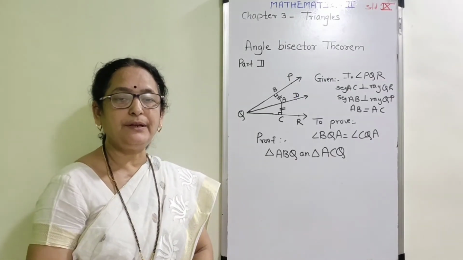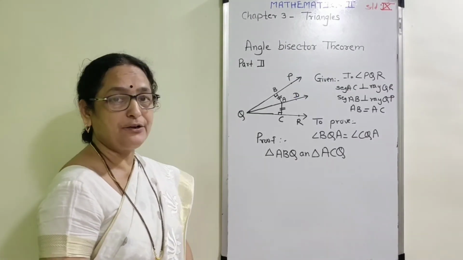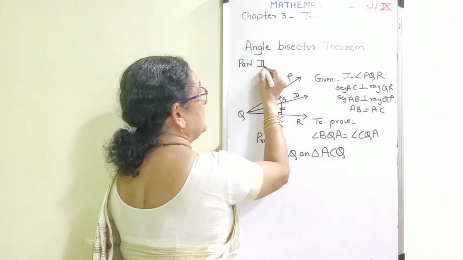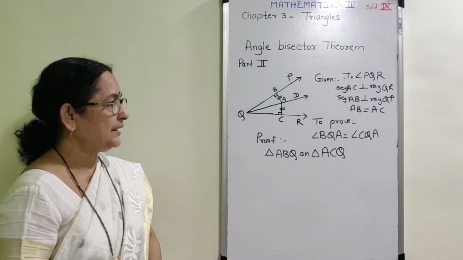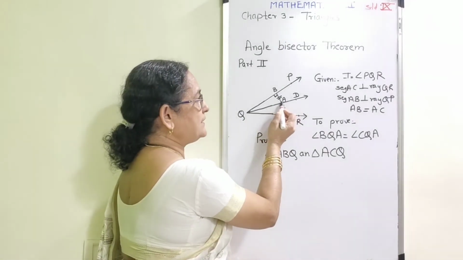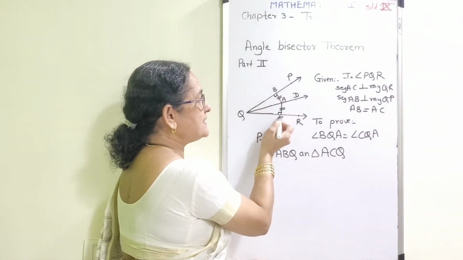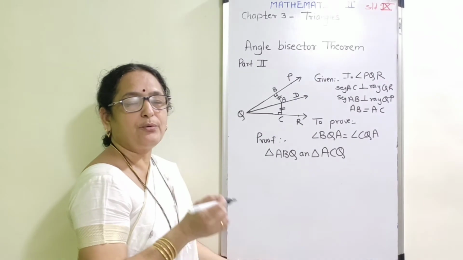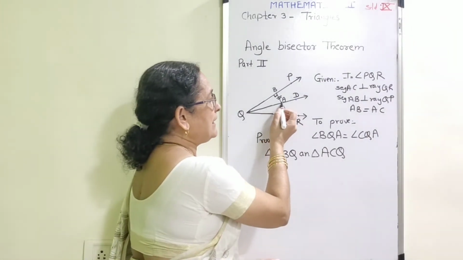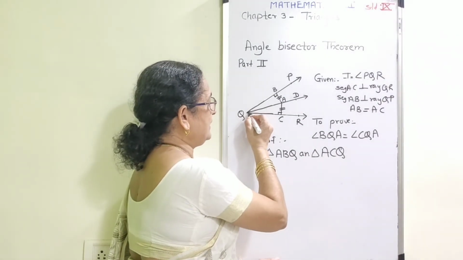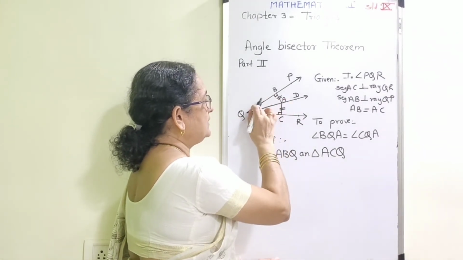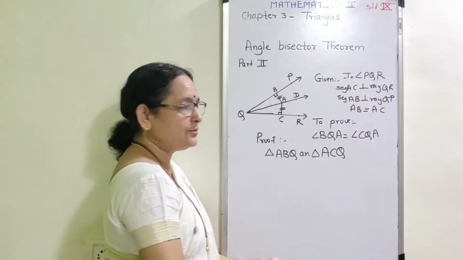We are going to complete the next part, part 2 of angle bisector theorem, that is the converse of angle bisector theorem. That means a point which is at equal distance from both the sides of the angle is given. You are going to prove that that point lies on the angle bisector of that angle. That means indirectly you are going to prove that these two angles are congruent to each other.